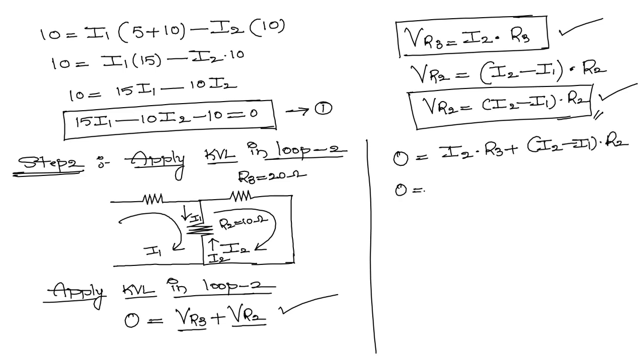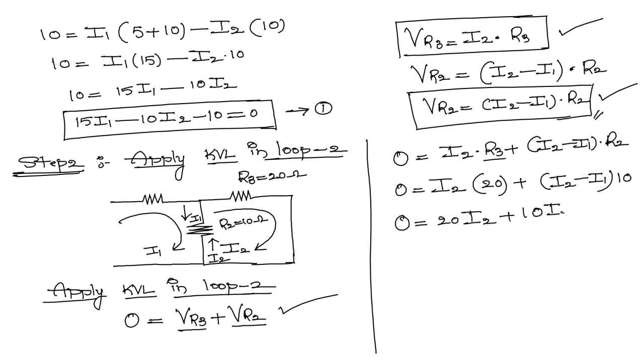Now 0 is equal to I2 into R3, where R3 is 20 ohms, plus (I2 minus I1), where R2 is 10 ohms. Now 0 is equal to 20 I2 plus 10 I2 minus 10 I1.